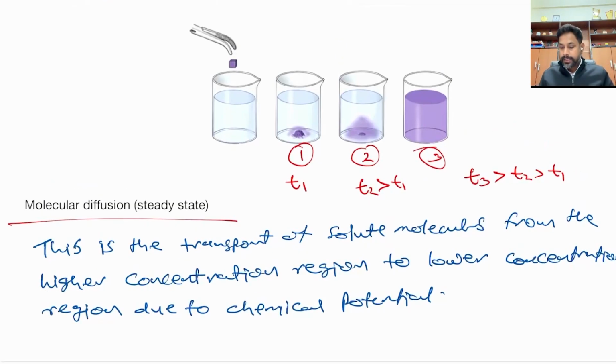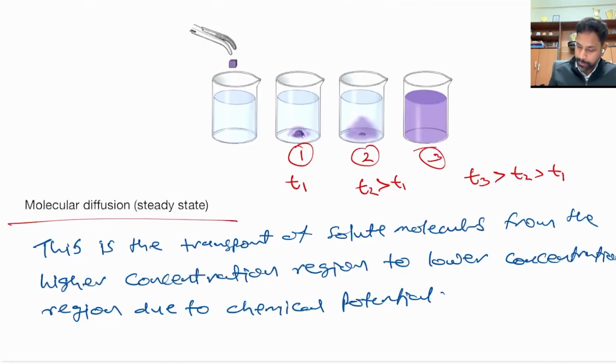Okay, so what exactly is happening here is whenever you put some material which is soluble in the fluid, it creates a chemical potential which allows the solute particles to move from higher concentration to lower concentration, which we have seen in this example.